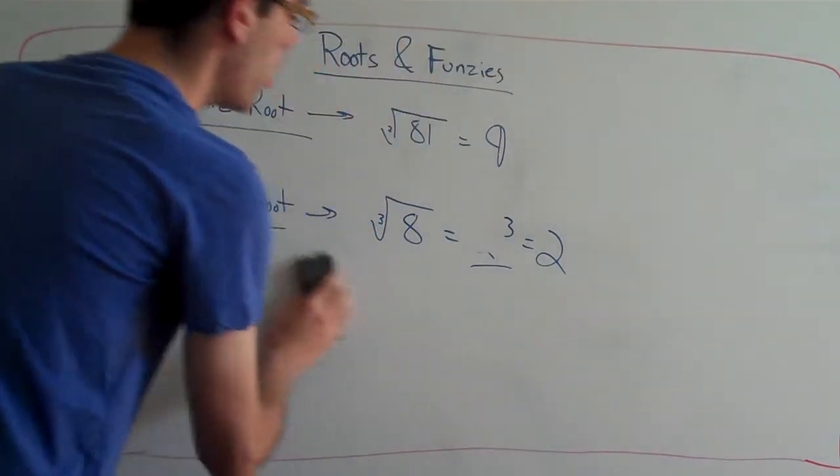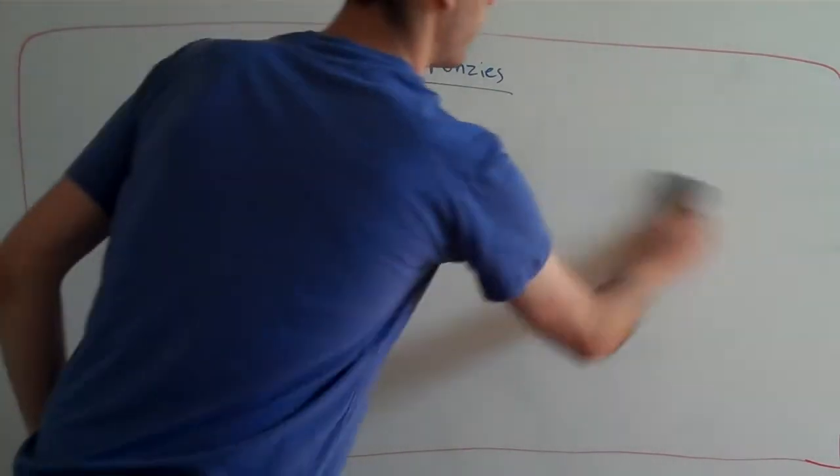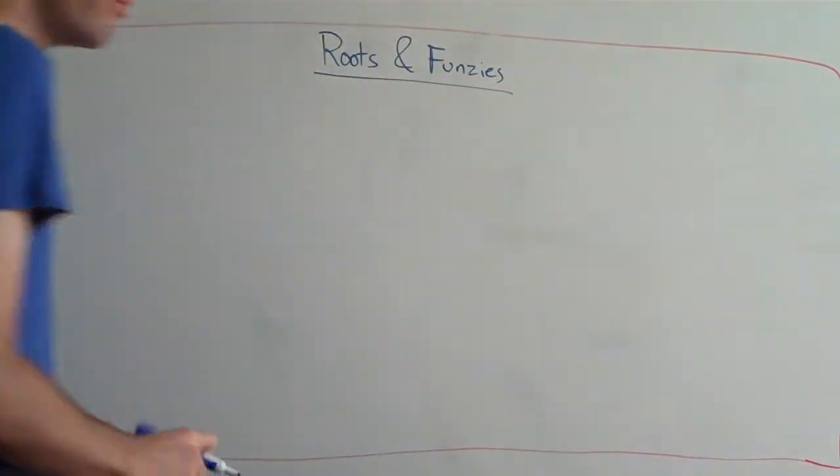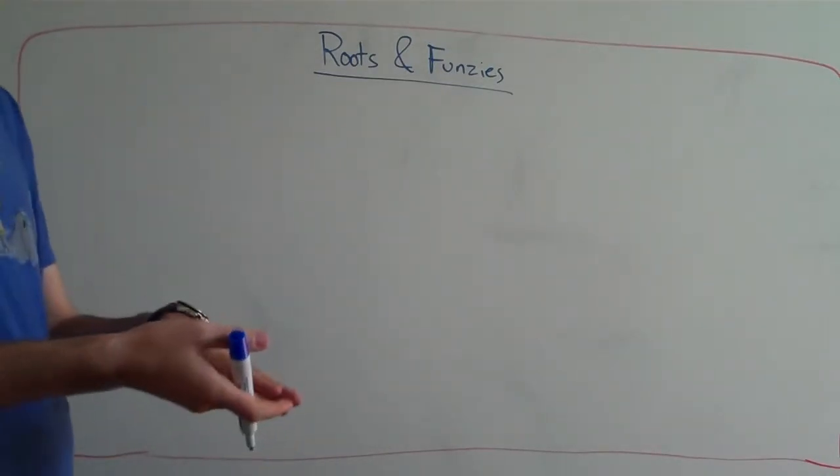Okay, now let me erase all that, and let me show you something that I hope will blow your mind. We know from BEDMAS that something squared, or cubed, or to the power of 4, is something times itself a number of times.